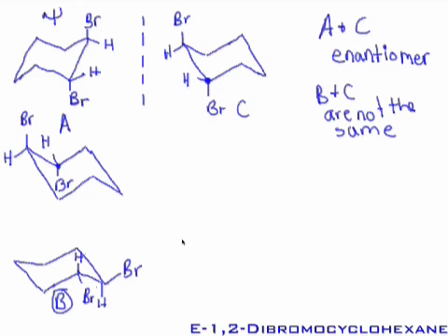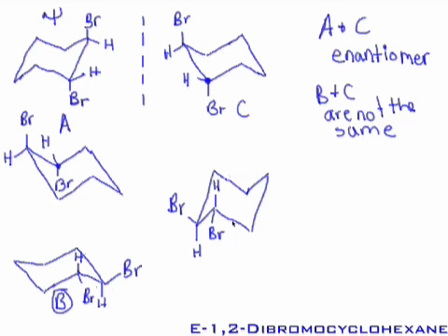Now if I do a ring flip of C, this H becomes axial, and the bromine's equatorial. And then this H becomes axial here, so the bromine's equatorial. In the trans case, both bromines become equatorial.